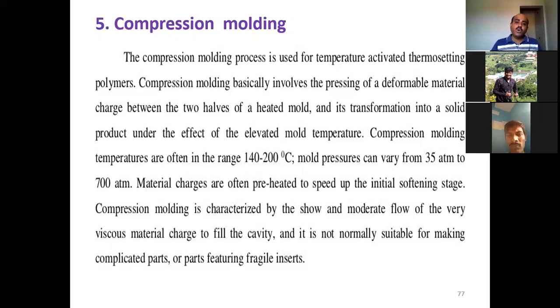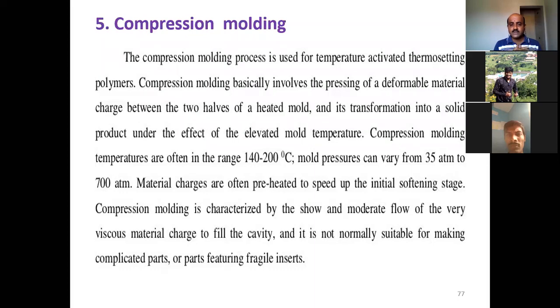Here, the mold is heated, and you are pressing the deformable material between the two halves of the mold, and its transformation into a solid product under the effect of elevated mold temperature. In the sense, it gets converted into the shape of the mold when you heat the mold to the highest temperature.